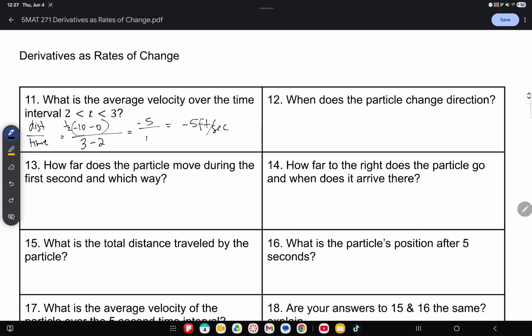When does the particle change direction? So that's when we're changing from either positive to negative or negative to positive, and that happens at t equals 2. How far does the particle move during the first second, and which way?